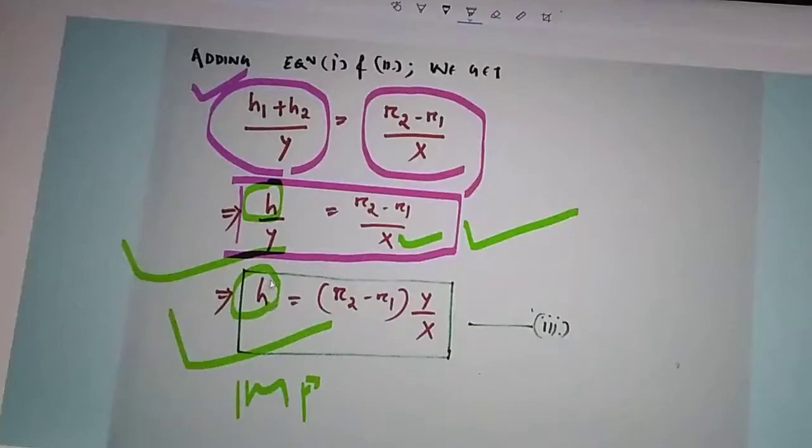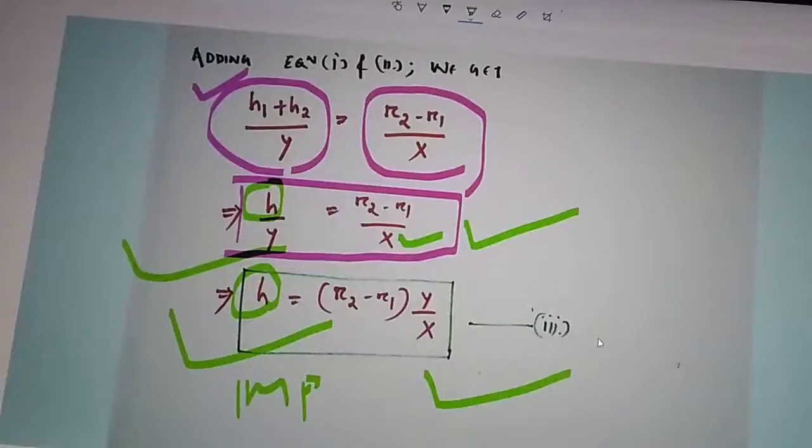H is called the compression of the spring or the lift of the sleeve. So this will be asked in the examination, and it is a very important expression. Based on this expression, we will derive the next expressions, the centrifugal force and the stiffness of the spring.